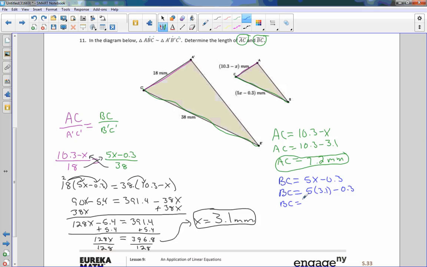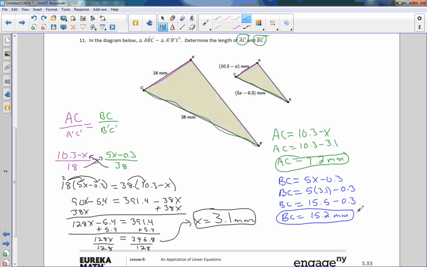Multiply. 5 times 1 is 5. 5 times 3 is 15, so it's 15.5. Oh, this is erasing way too much when I make a minor little short mistake. I'm writing too fast. 15.5 minus 0.3. So therefore, BC equals 15.2 millimeters.